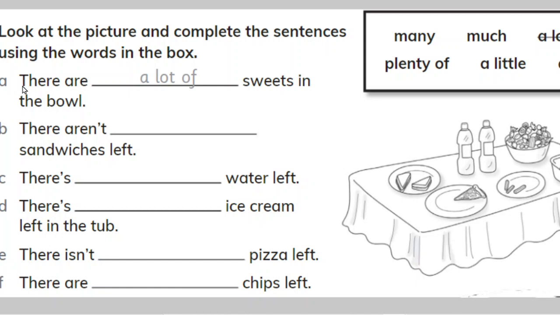The first one, they have already done it for us. There are a lot of sweets in the bowl. Now, when you see a sentence, you must first make sure whether it's a positive sentence or a negative sentence or a question. What is this? It's a positive sentence. And is it countable or uncountable?